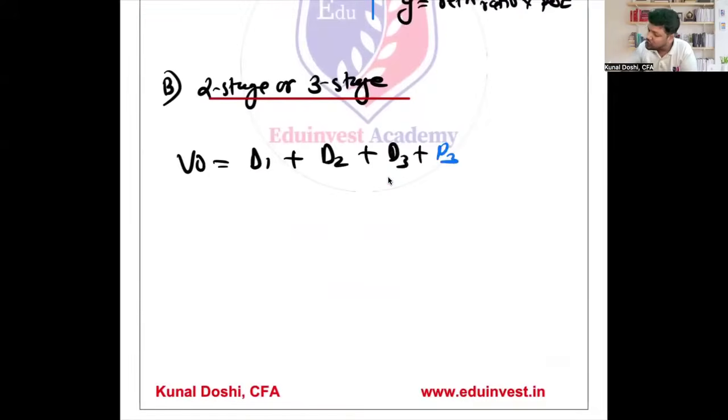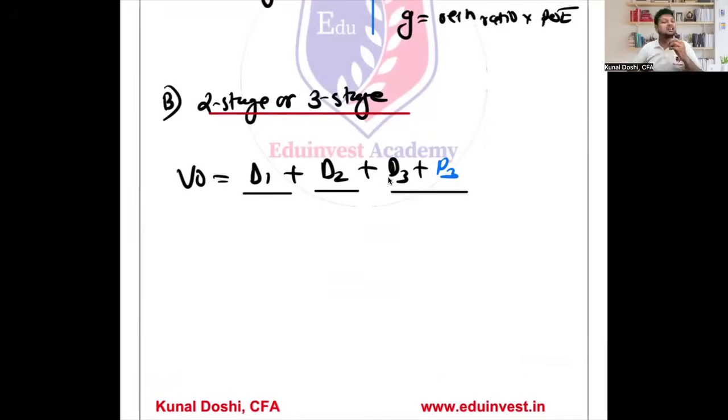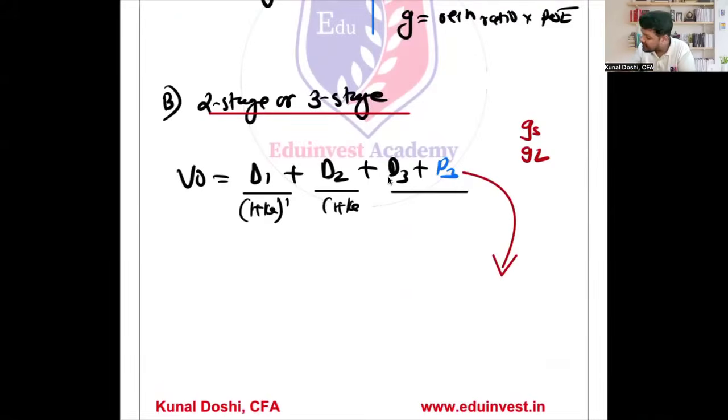Assuming we are valuing the company for 3 years, and after 3 years there is going to be a perpetual, constant growth rate. So now there are actually two growth rates. One is the short-term growth rate, GS, and then there is a long-term growth rate, which happens in the case of terminal value. But remember, all of this, again, we have to bring it to the present using the cash flow function.